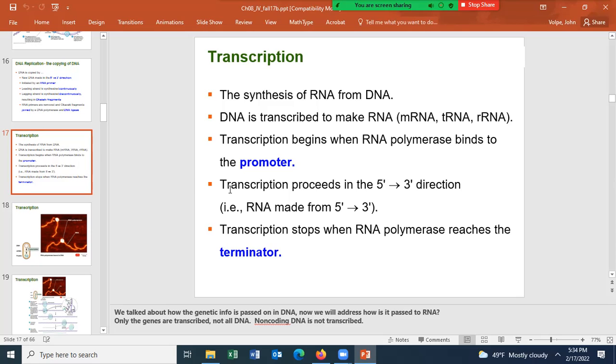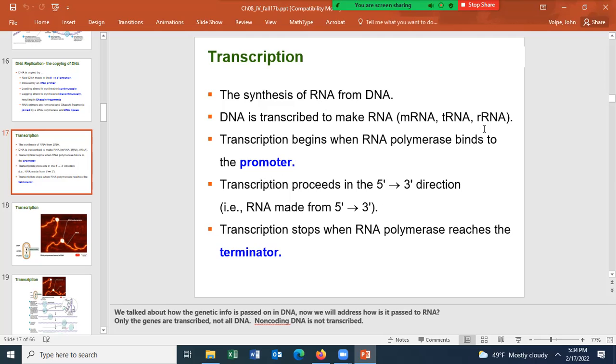So transcription is the next topic we'll talk about, and that is where the information is copied from DNA to make RNA. DNA is transcribed to make RNA, and there are 3 types of RNA made: messenger RNA, tRNA, and rRNA.